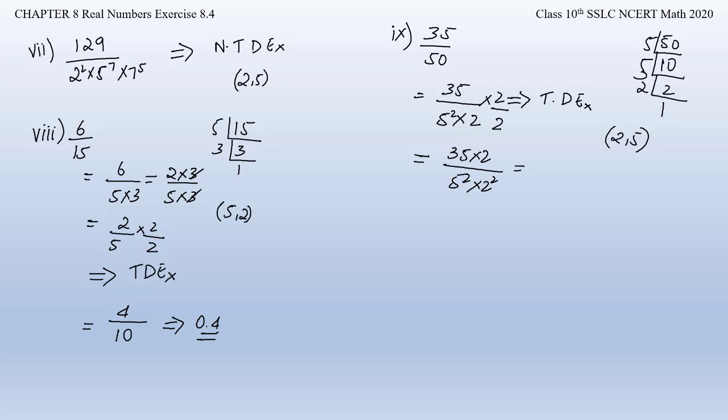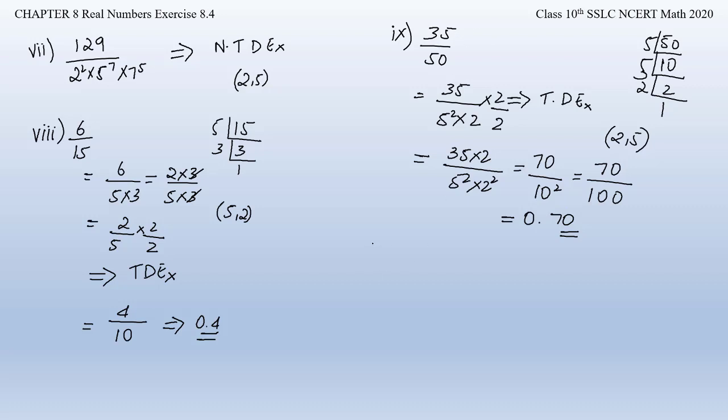So 35 into 2 is 70 divided by 10 square, since we are multiplying the bases. So this can be written as 70 divided by 100. Let us write the decimal equivalent. We have to write the decimal point after 2 digits in the numerator, so it will become 0.70. This is the decimal expansion of the number 35 divided by 50.